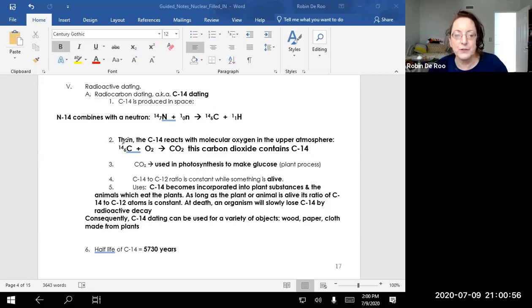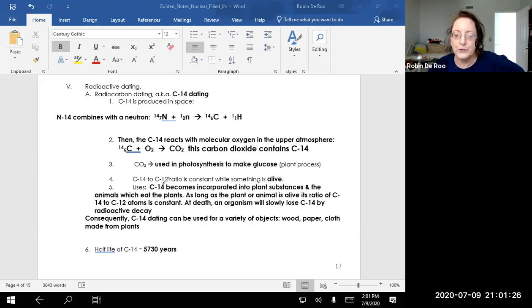Then the carbon 14 reacts with molecular oxygen to get carbon dioxide. This carbon dioxide contains the carbon 14. The carbon dioxide is used in photosynthesis to make glucose. The carbon 14 to carbon 12 ratio is constant while something is alive.